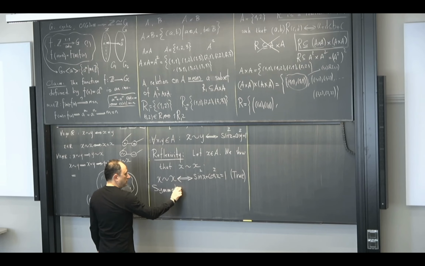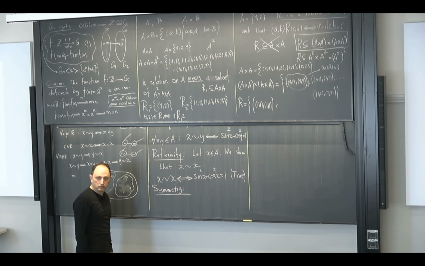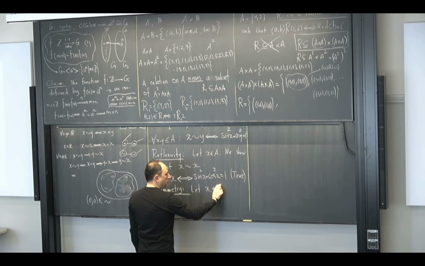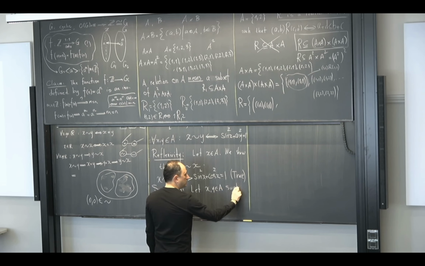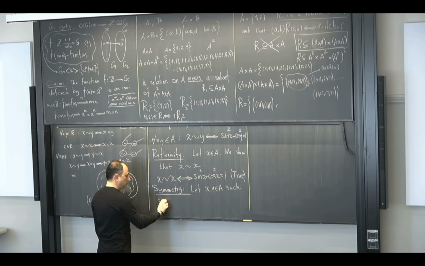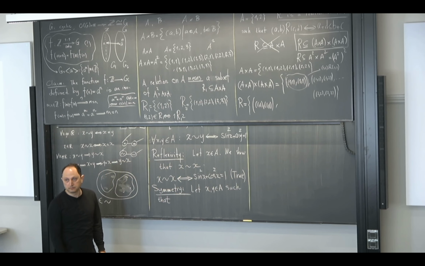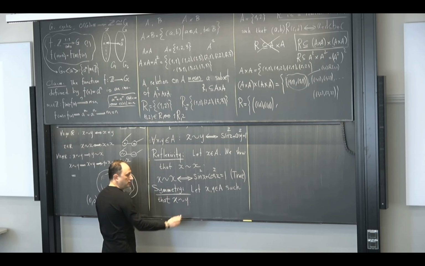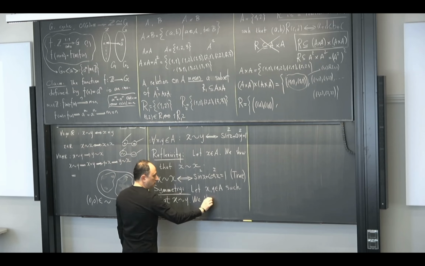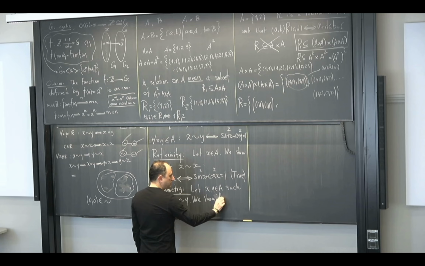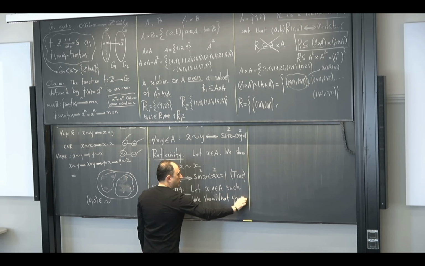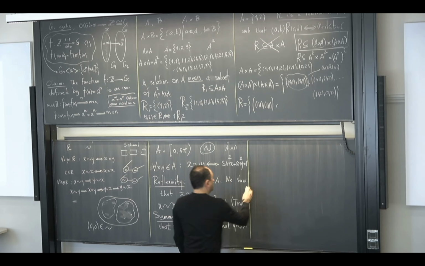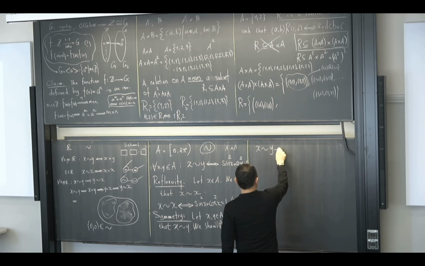So, symmetry. How can I prove symmetry? I would say let X and Y belong to A such that, help me, such that what? Such that X is related to Y. We show that Y is related to X. You are telling me that X is related to Y. So what can I conclude?